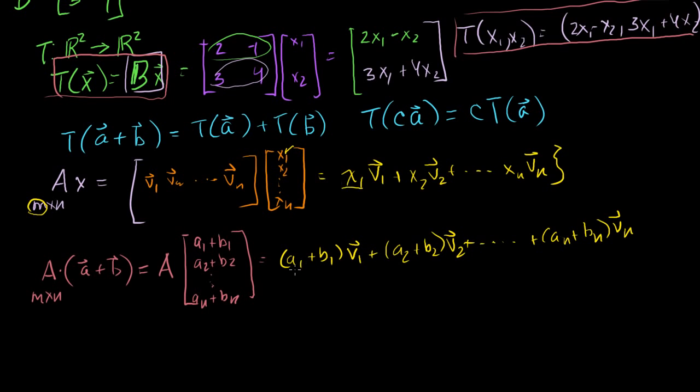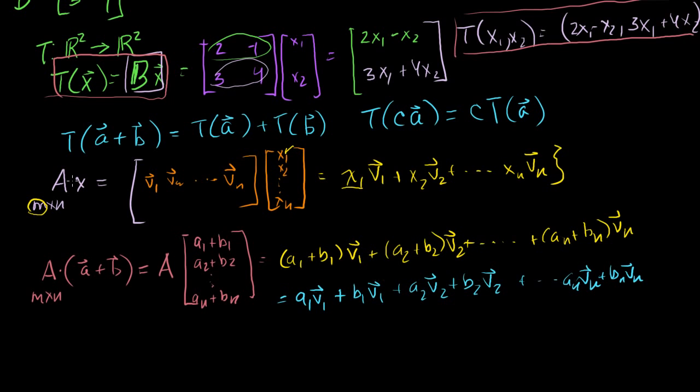Then, from the fact that vector products with scalars exhibit the distributive property, this is equal to a1 times v1 plus b1 times v1 plus a2 times v2 plus b2 times v2, all the way to plus an times vn plus bn times vn.